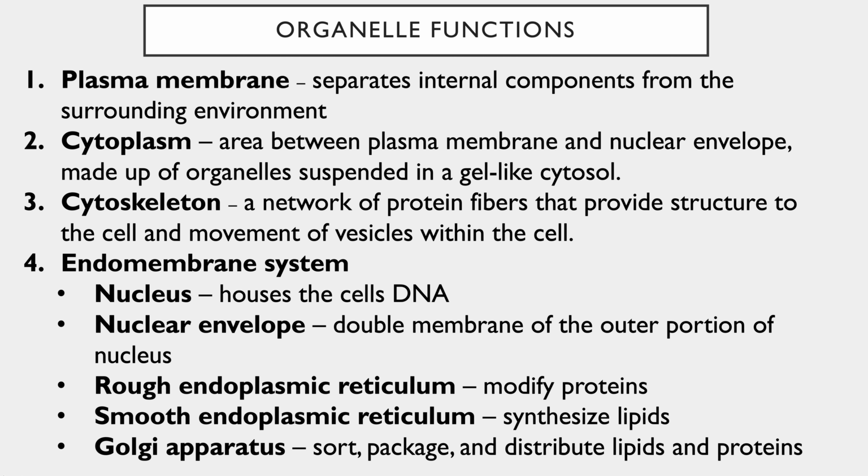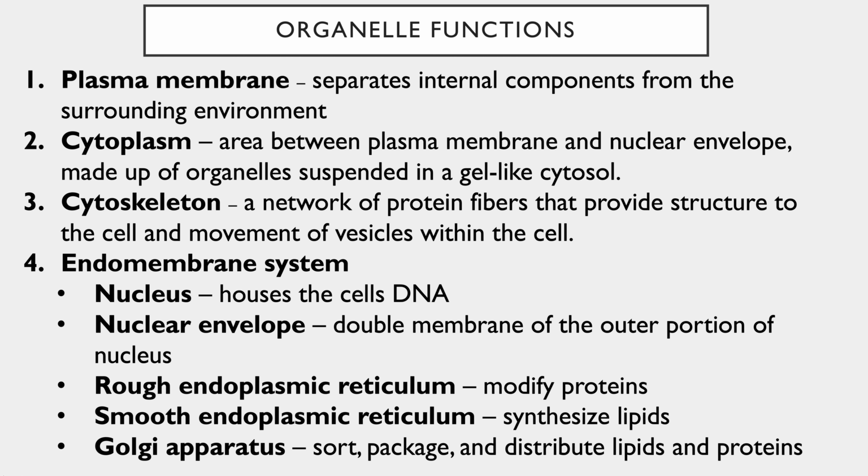The second is the cytoplasm. And the cytoplasm is essentially the area between the plasma membrane and most other organelles in the cell itself, like the nuclear envelope. And essentially all organelles are suspended in this gel-like substance called cytosol.